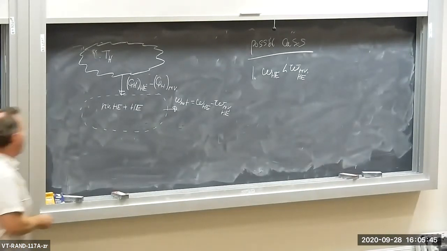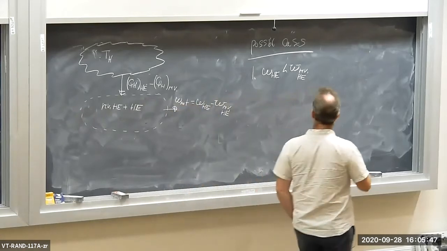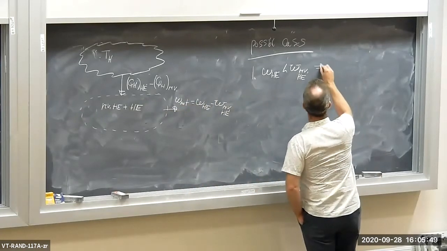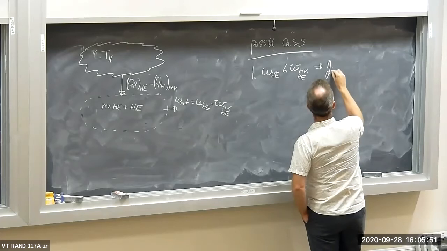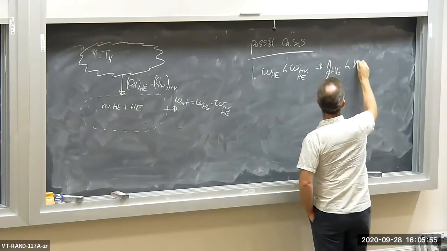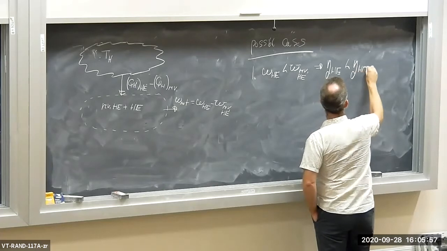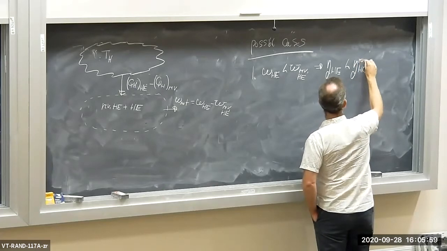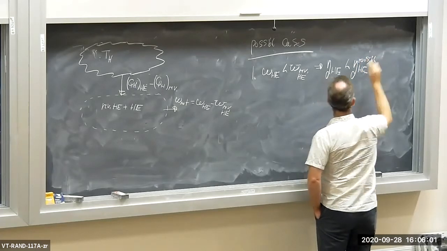So work by the heat engine is less than that of the reversible heat engine, which implies eta for the heat engine, the efficiency of the heat engine, is less than the efficiency of the reversible heat engine.